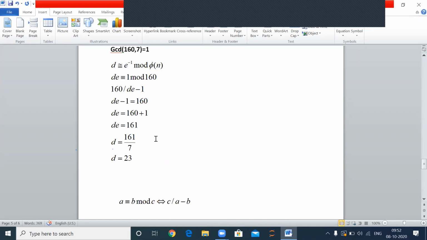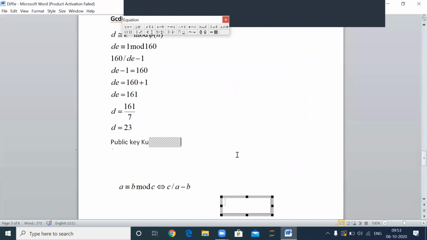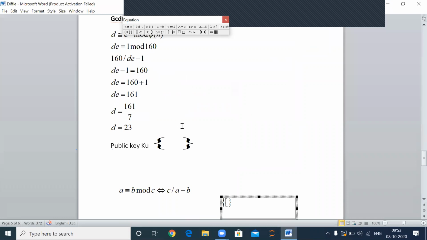Right? So with this, what is the public key? Ku, the public key, is equal to e comma n.